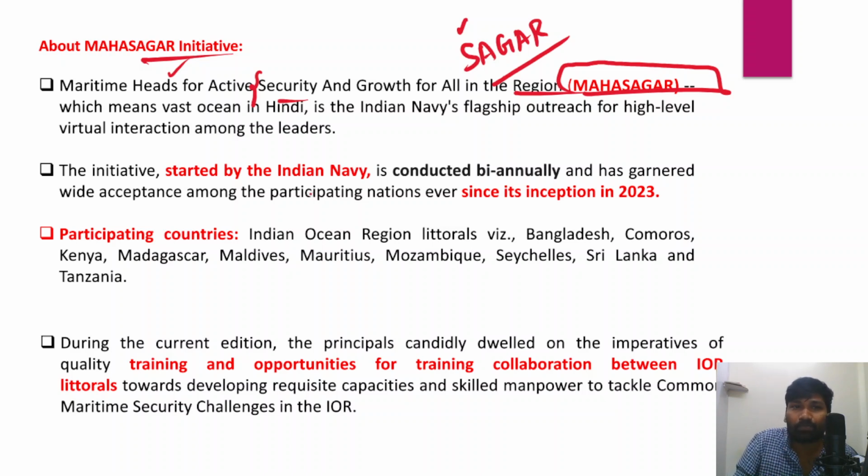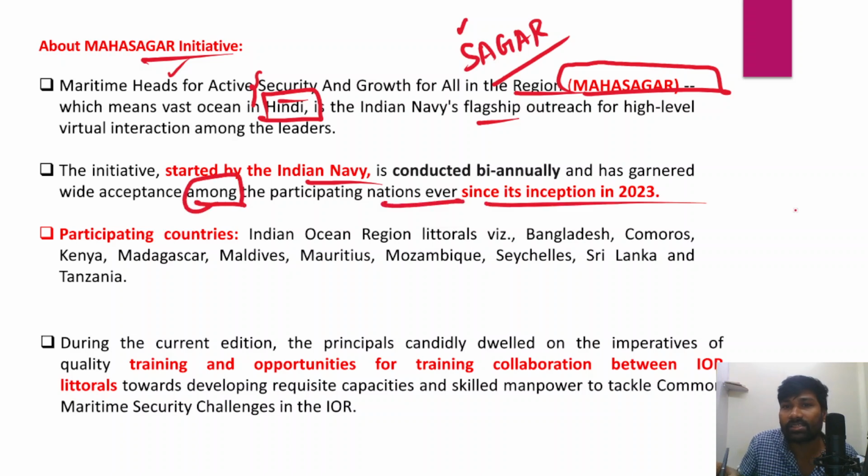So that means vast ocean in Hindi. Mahasagar is the Indian Navy's flagship outreach for high-level virtual interaction among all the leaders. The initiative is started by the Indian Navy and it is conducted once in 2 years. It has garnered wide acceptance among the participating nations since its inception in the year 2023.